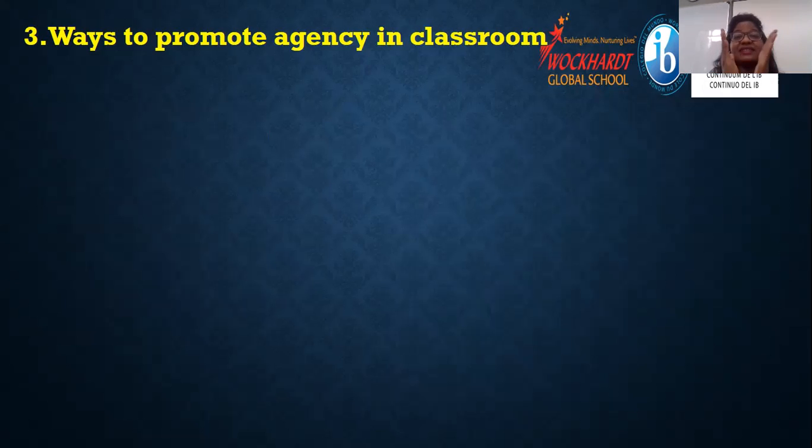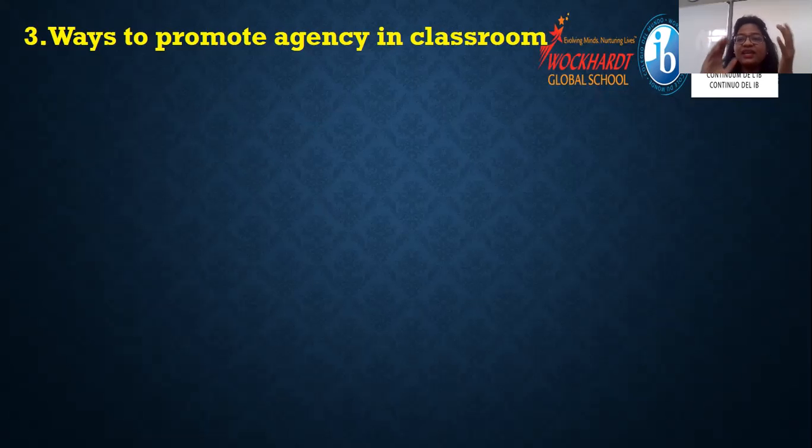This is the major negotiation we face when we really want to make our class agentic. It's not easy. Saying my students have agency and have chosen doesn't mean you don't have any role to play in the classroom. Of course we have a role.